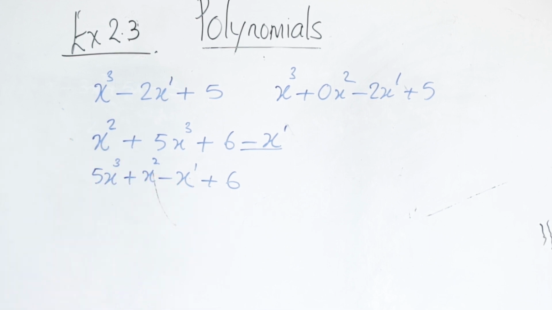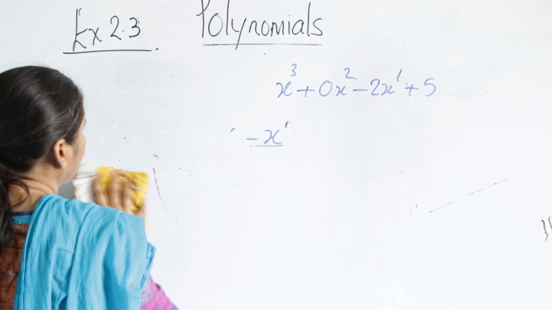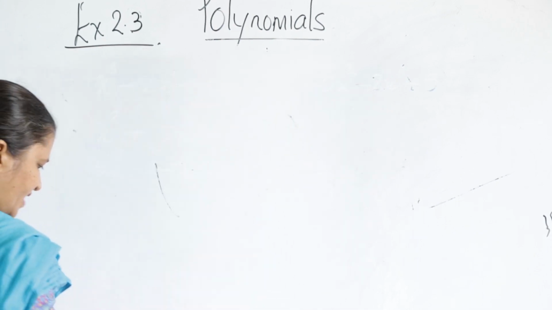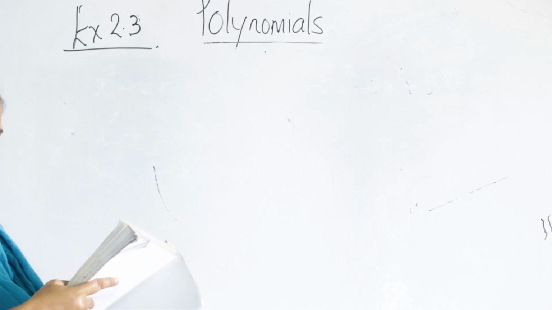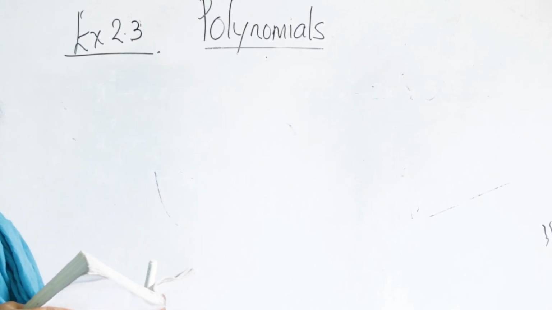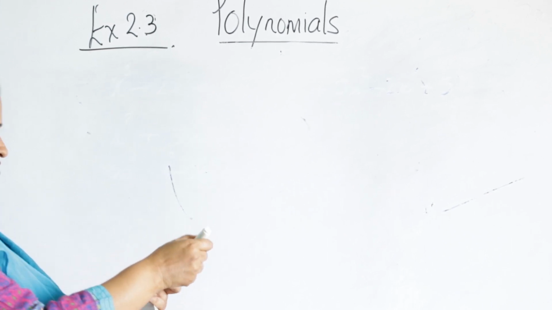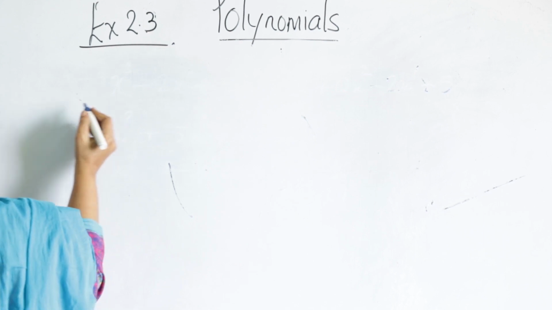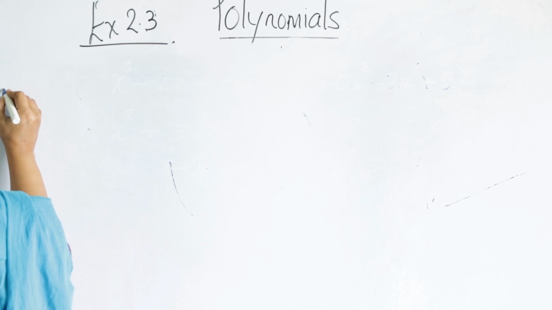Yes, let us begin solving exercise 2.3. We have been given p of x and g of x in this, and we are supposed to find q of x and r of x in each of these cases. So without explaining again, I will write using the two thumb rules. First one.